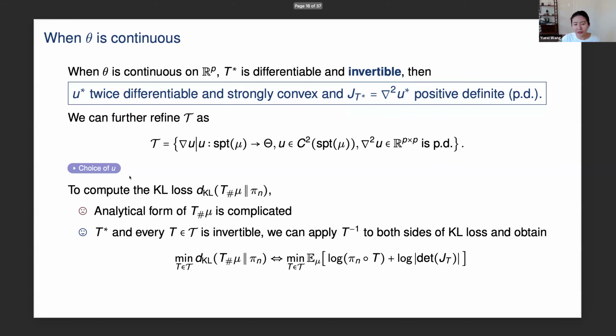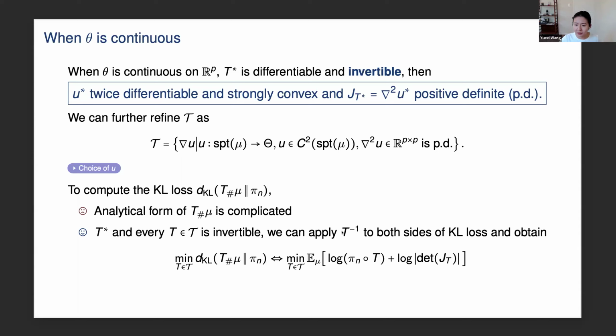To compute the KL loss function, essentially we still want to minimize the KL loss. A difference between our approach and the variational base is we do not directly have an analytical form of the transformed densities. You can do the change of variables, but usually it's very complicated and requires computing the inverse of T. But the benefit here is that every T in this pre-specified class is invertible, which is valid when theta is continuous.